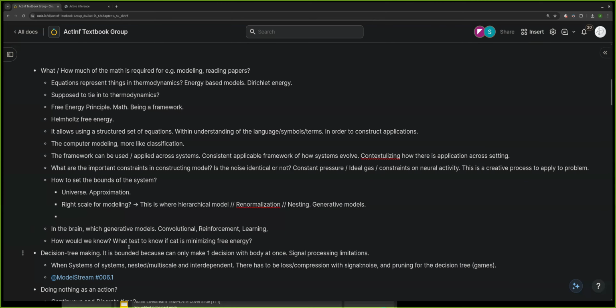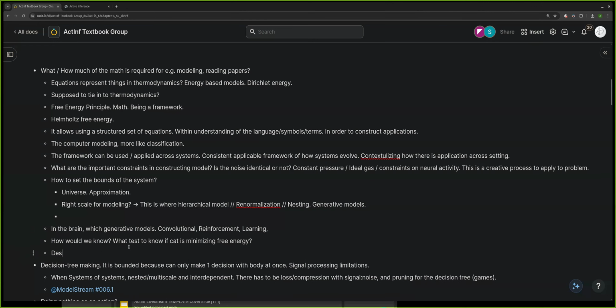And really, all free energy does is provide an upper bound. It's accurate enough for the task. It's complex enough for the task. In terms of how we describe it, we can make predictions about what's happening.